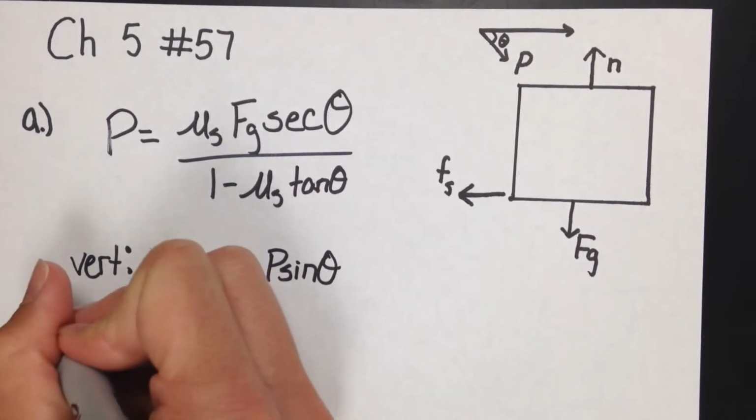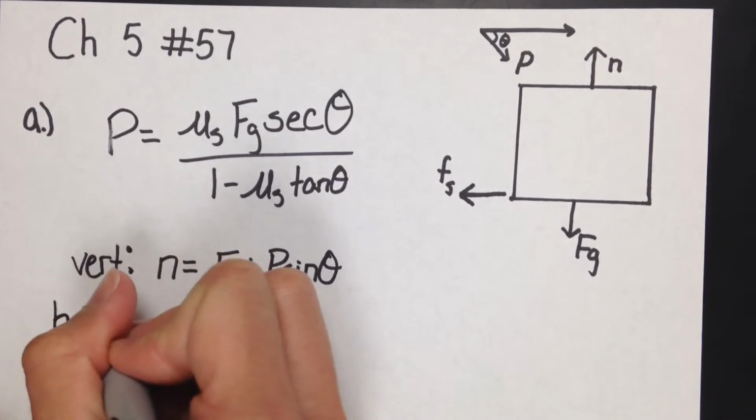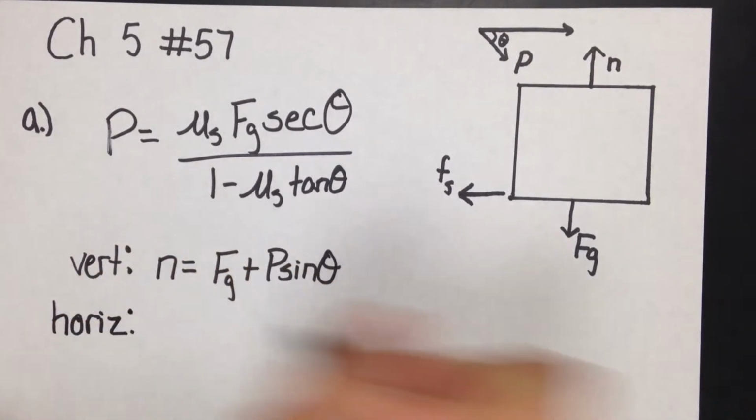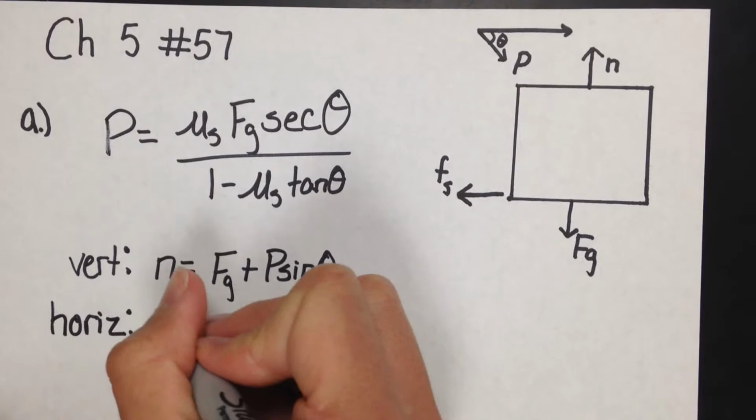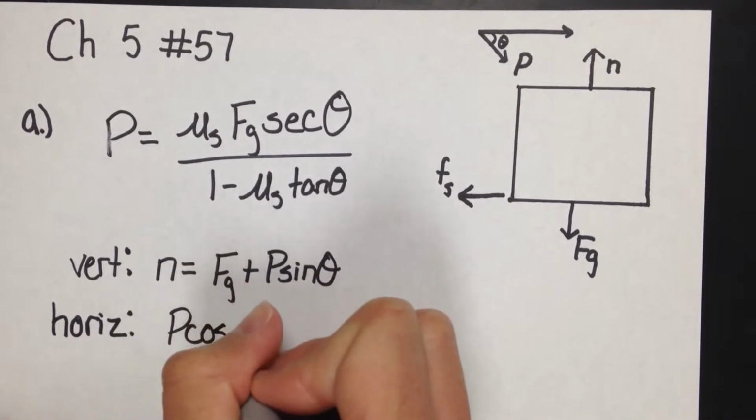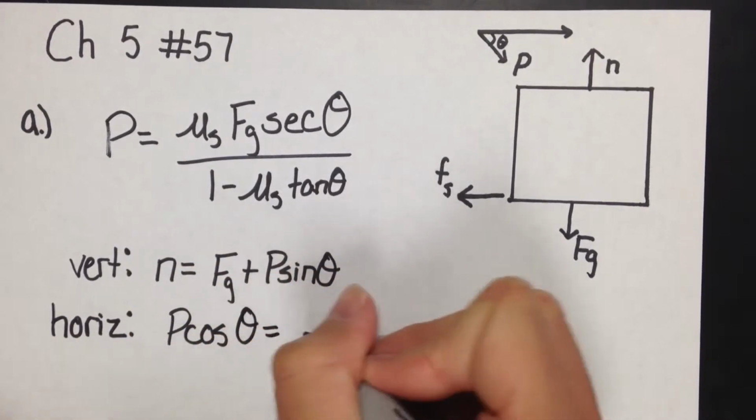And then next we need to find the horizontal, which is going to be P cosine theta equal to your frictional force.